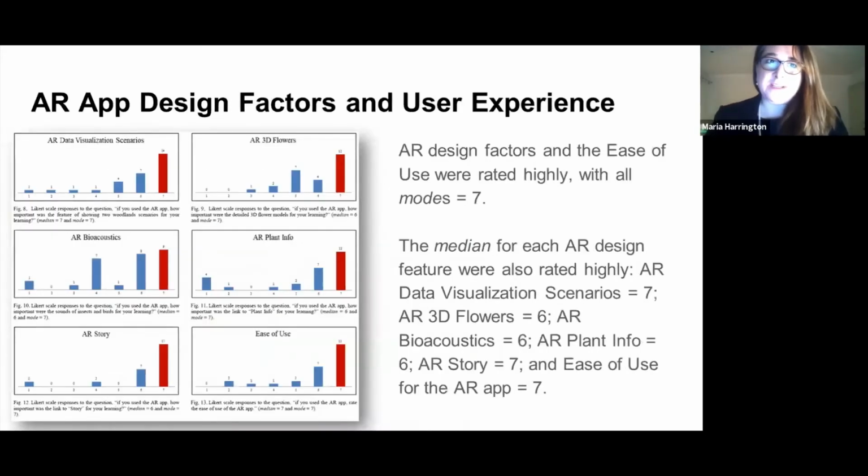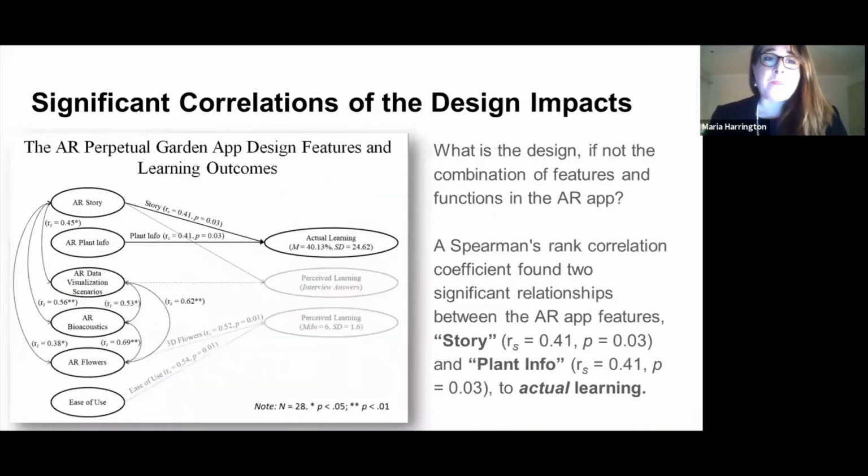We also looked at the subjective survey results on different features, design factors, and the user experience. People rated everything with modes of 7. Everything was good, which is great from a design standpoint. I was interested in what factors caused learning.